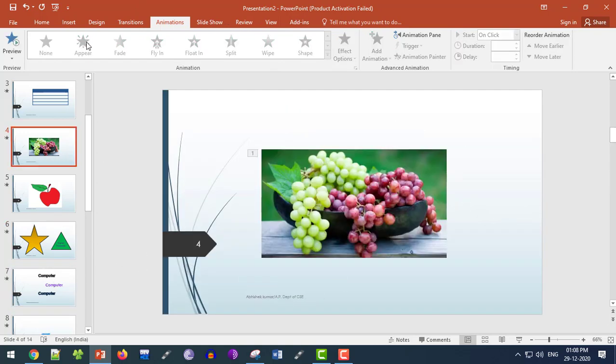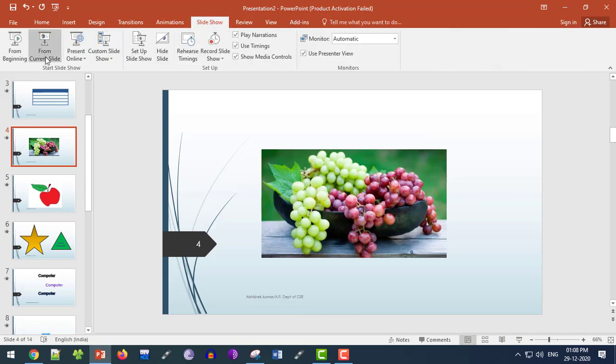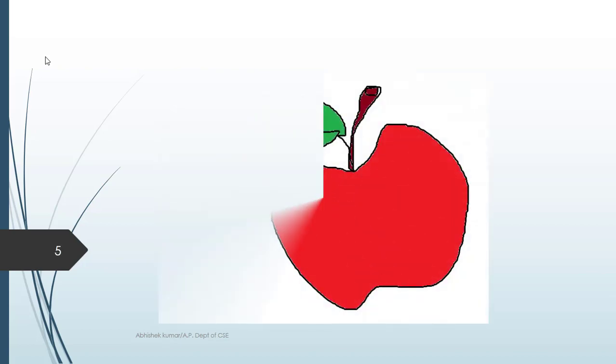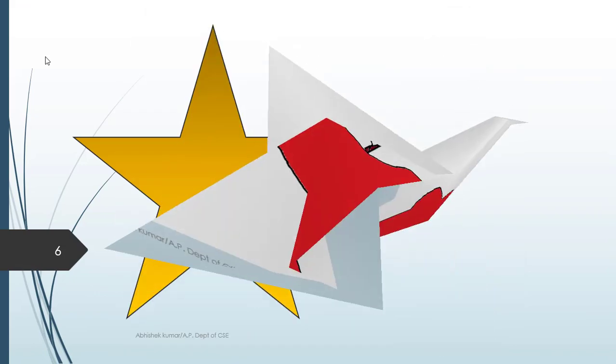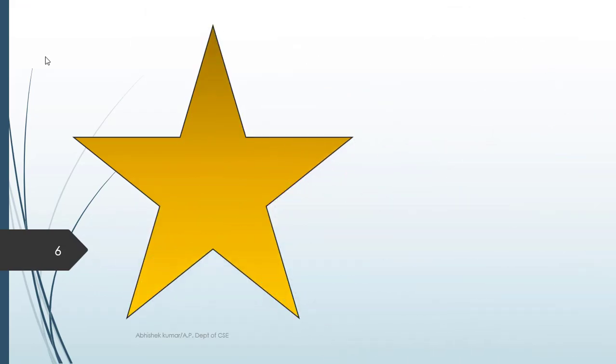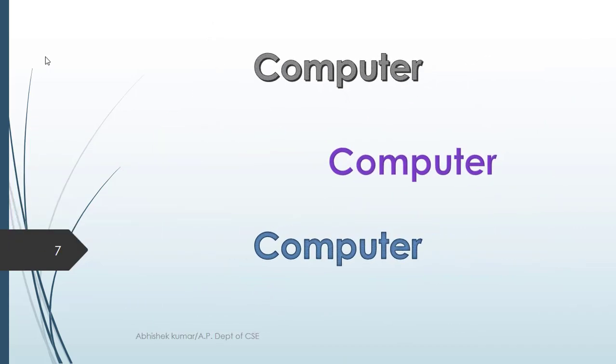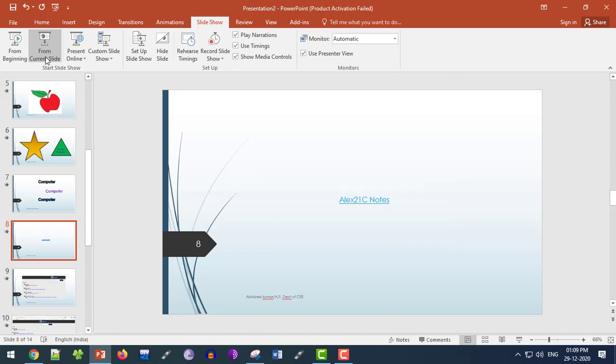So let's just run the slide from the current slide, and this is the animation effect we just applied to our current slide. So this is the next animation effect. This is next.